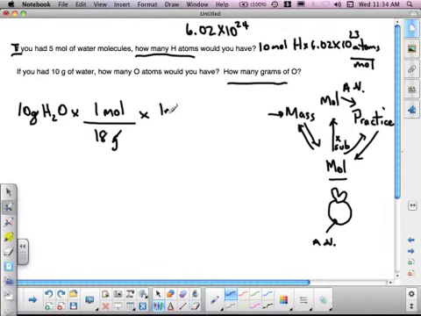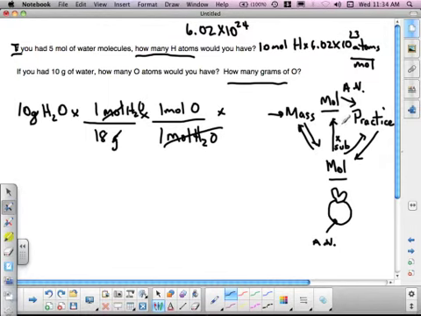So 1 mole of oxygen, this is what I'm doing up the middle, for every 1 mole of water. Okay, that was H2O. And now I can convert up here, and now I can multiply times the molar mass of oxygen to answer this question. So it'll just be 16 grams per mole of oxygen.